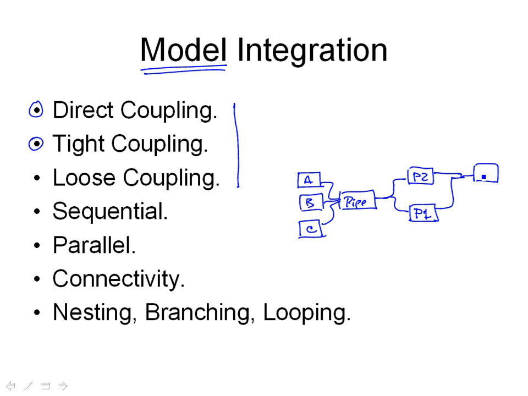You've got a process 3, and then this goes off somewhere else. So what we're talking about here is that these various models, these A, B, and C, in a sense, can be run in parallel, right? But you can't do the pipeline calculations until all three are completed. So this would be sequential. So basically, these models are going to be set up sequentially or in parallel.